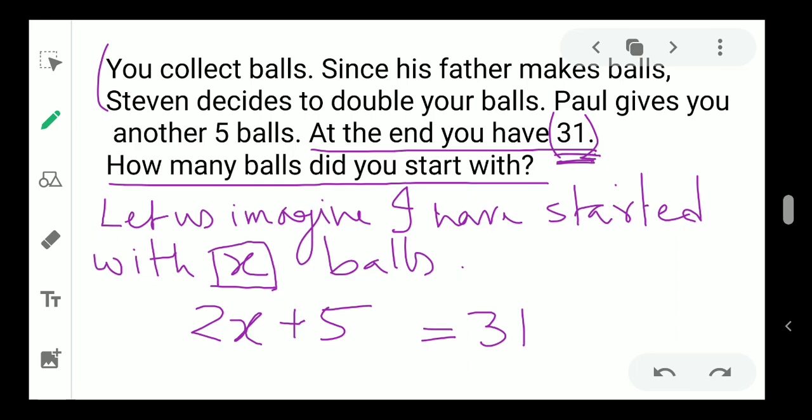So I have to find that expression using my variables. So this 2x plus 5 also tells me how much I will have at last if I start with x balls, and then it's very easy to solve. So this kind of procedure you must follow.